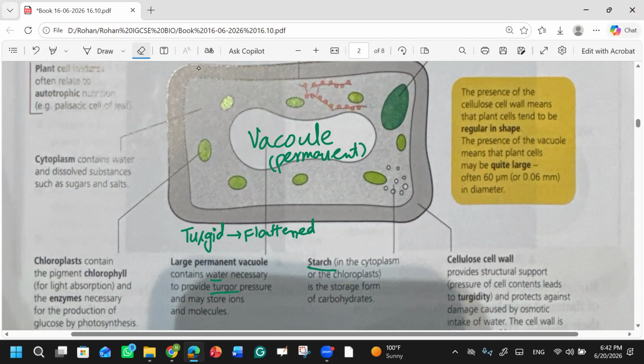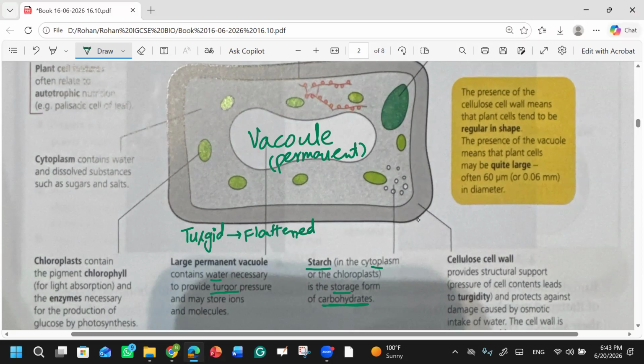Starch is the stored form of glucose in the plant. It can be present in the cytoplasm or the chloroplast. It is the storage form of carbohydrate. What is the difference between starch and glycogen? There is a structural difference as well. We will discuss that later on.